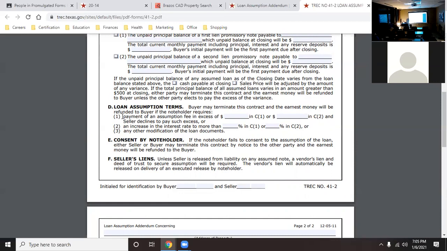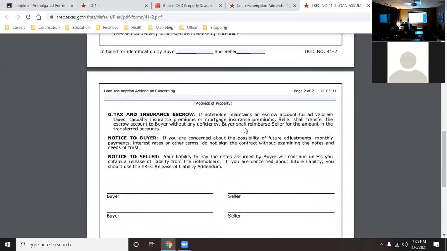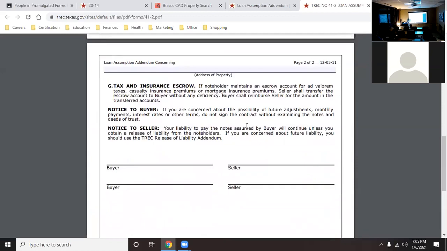In E, we're going to have the consent by the note holder, meaning the lender has to agree to it. If there's any liens, those liens, unless the seller is released from liability, would probably still be required on that assumption. You, of course, have your tax escrow insurance.